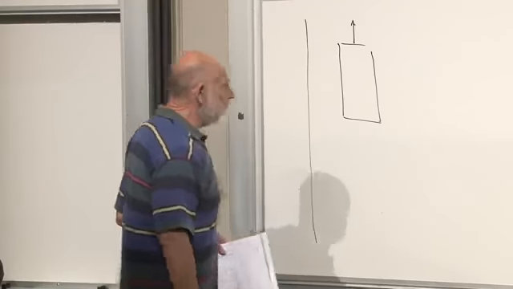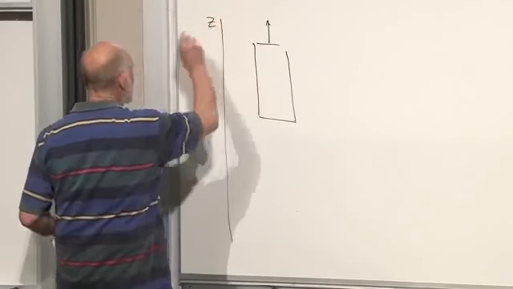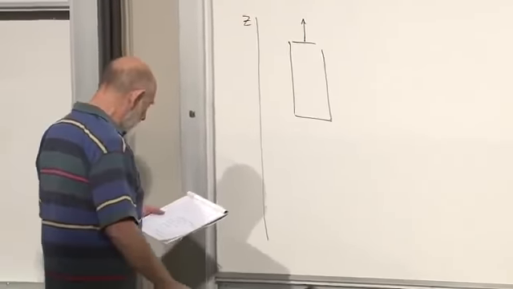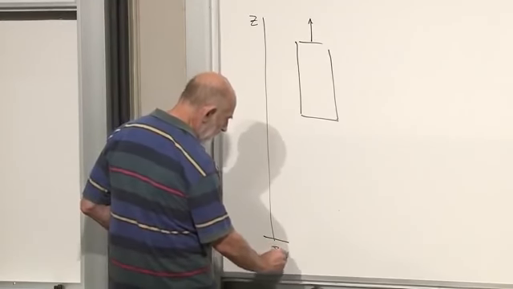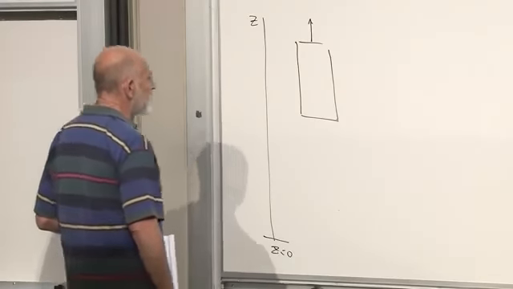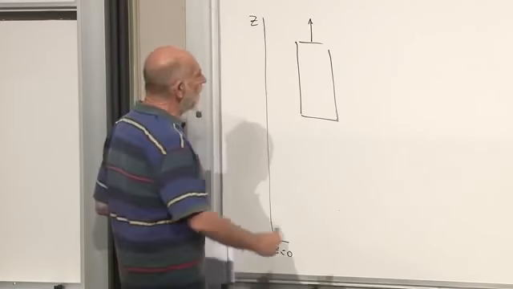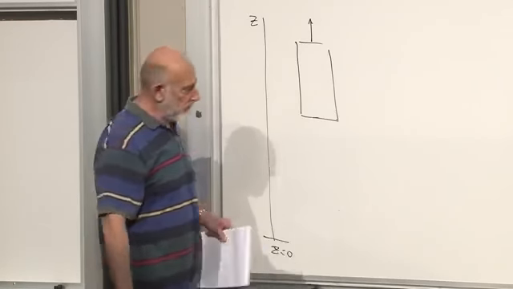One coordinate frame is at rest on the Earth, and let's call it Z. I use the Z coordinate for the vertical coordinate of space, and down here someplace is Z equals 0. Could be the surface of the Earth, doesn't matter. Now, in the elevator, there's also a coordinate system. This is arbitrary, but we'll do it anyway.